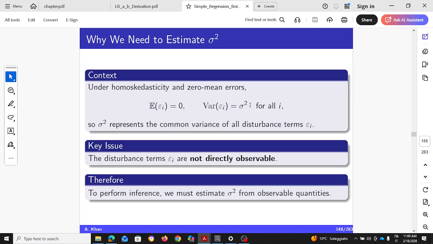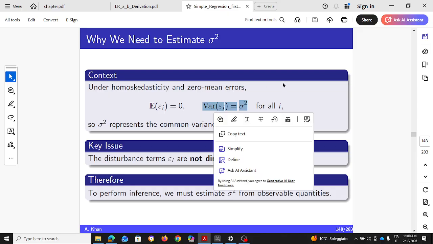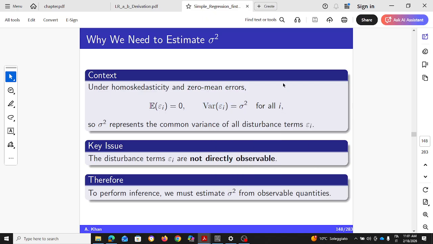So this variance represents the common variance of our distribution, caused by the disturbance variable.